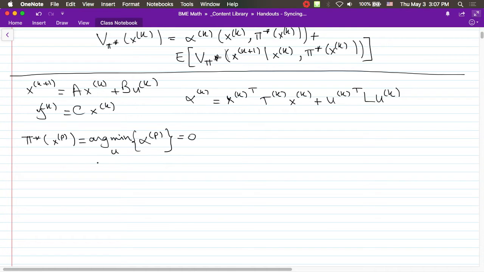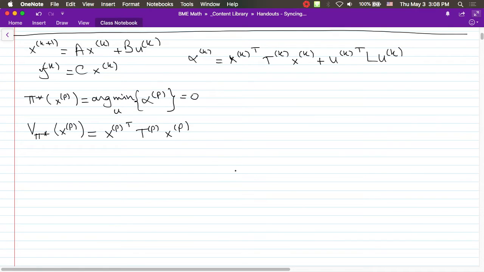If that was the action that I chose at time point p, then the value function for that state that I'm in, x, some location, at time point p is just this function evaluated with u being 0, which is just x of p transpose T of p x of p.